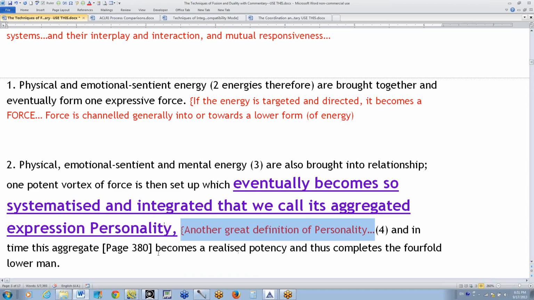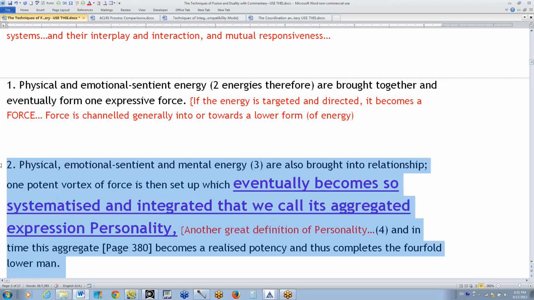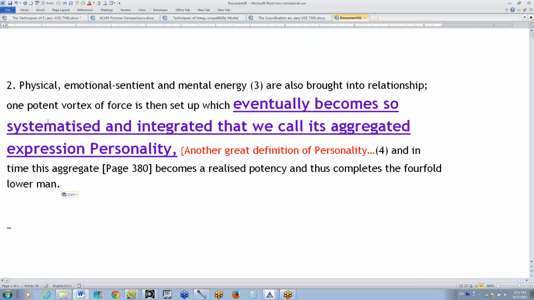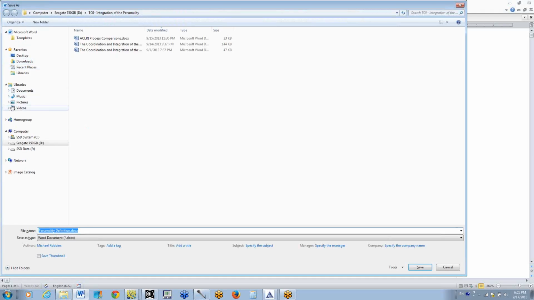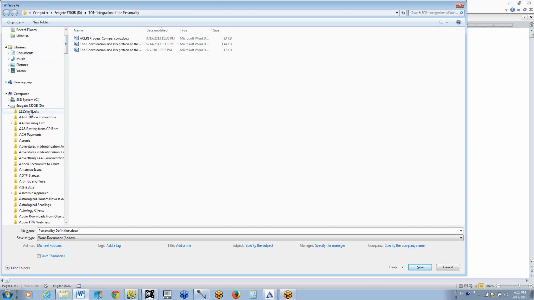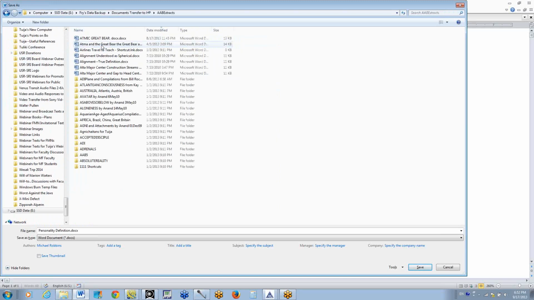We're on page 380, and in time this aggregate becomes a realized potency and thus completes the fourfold lower man. So I want to, at the risk of detaining you just a short time, check the personality definition, and go here to the AAB extracts and make sure that it is there.